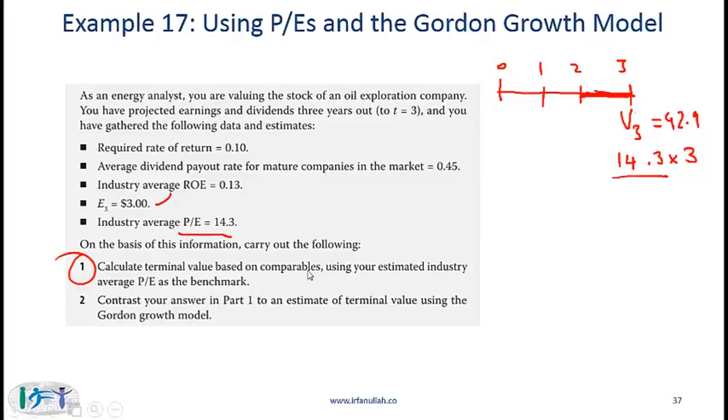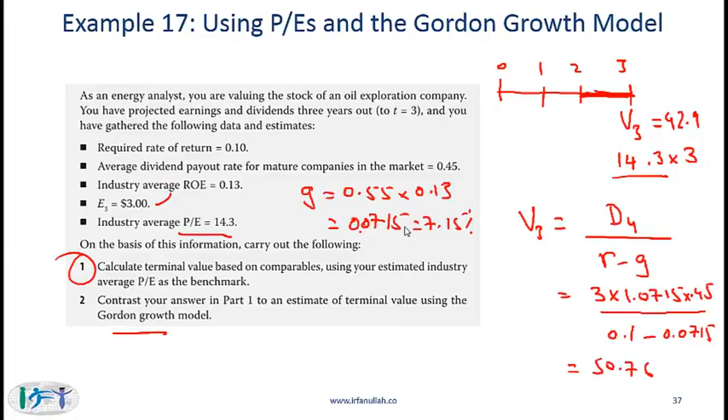And then what if you use the Gordon growth model? Here is what you do for the second one. Remember that the growth rate is equal to the retention ratio, 0.55, that's 1 minus 0.45, into the ROE. So growth rate is 0.0715.